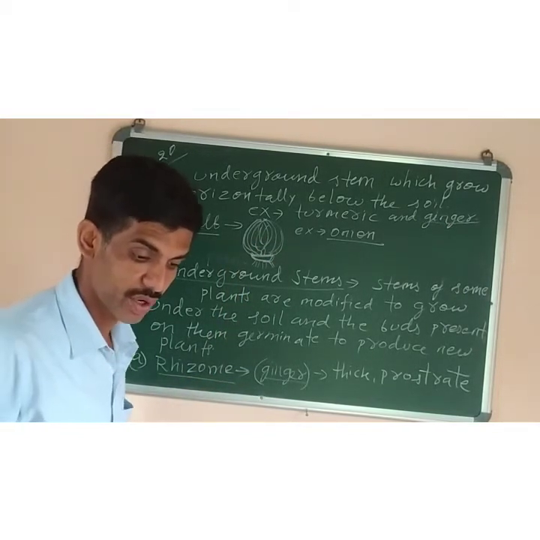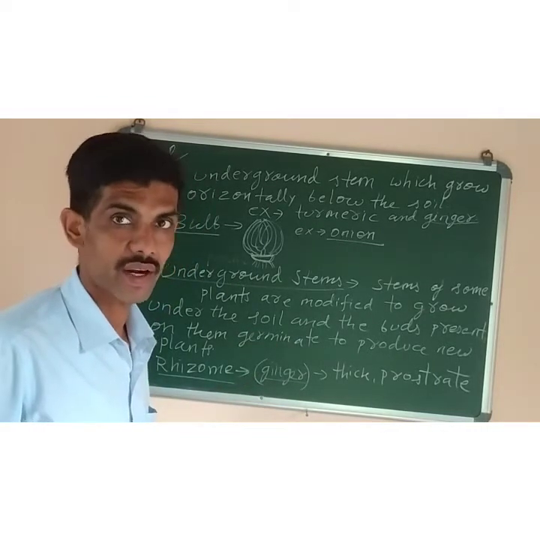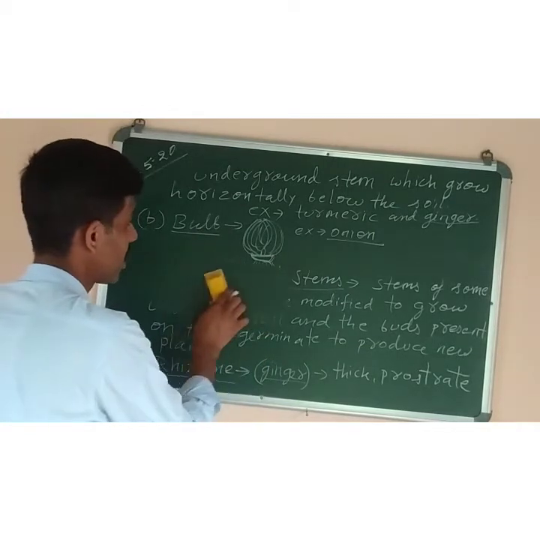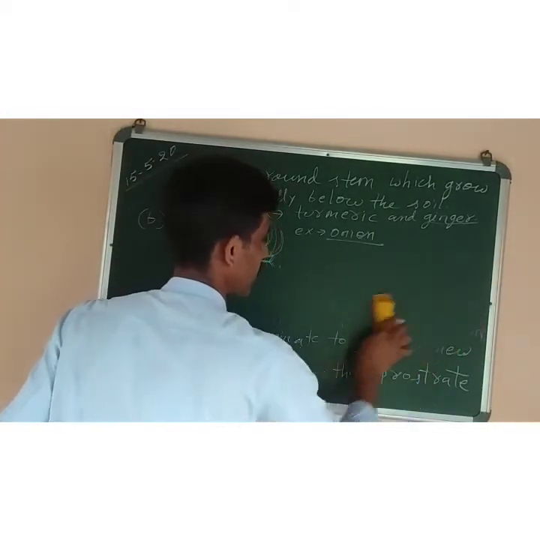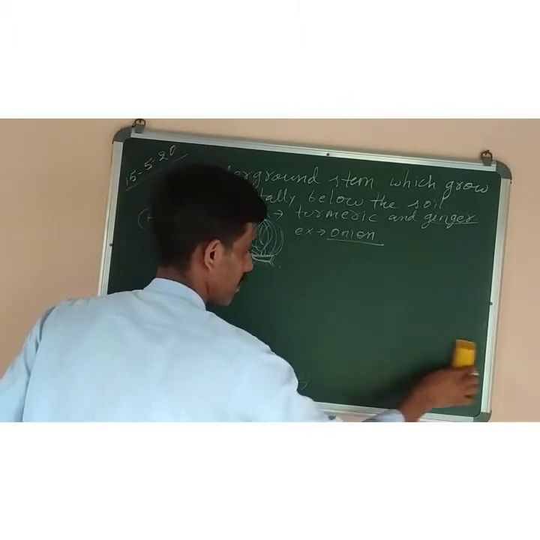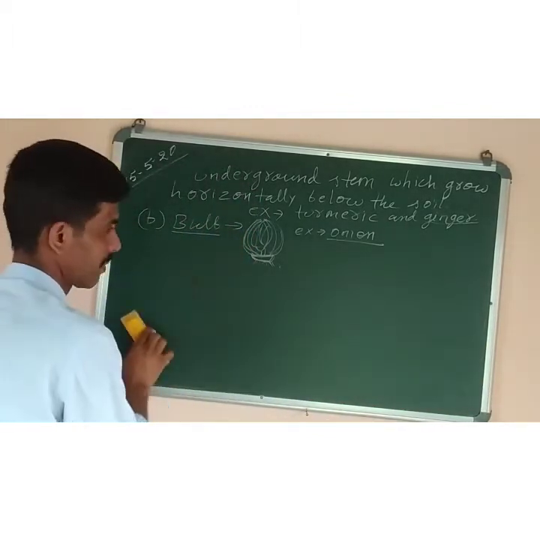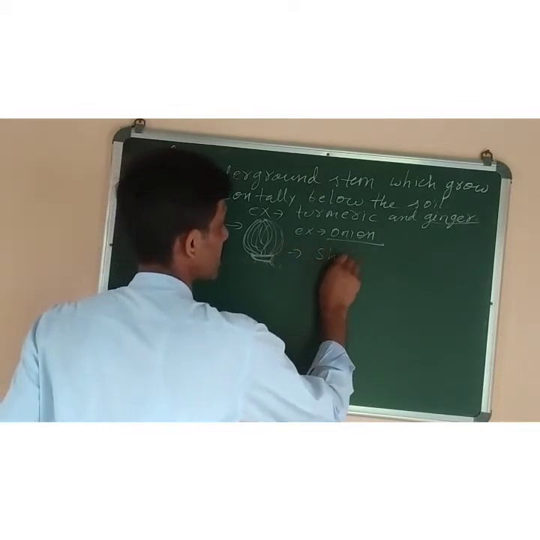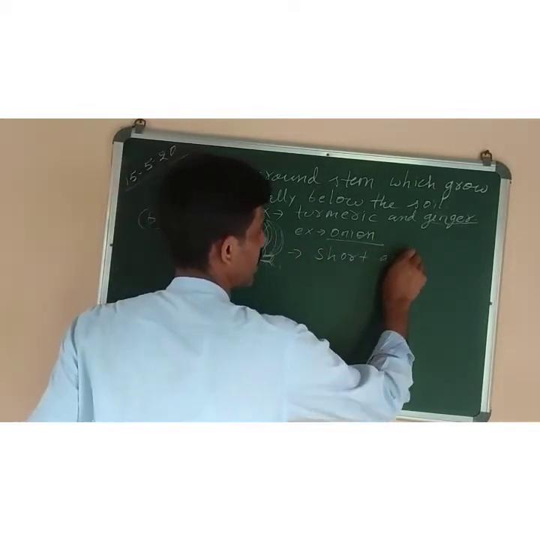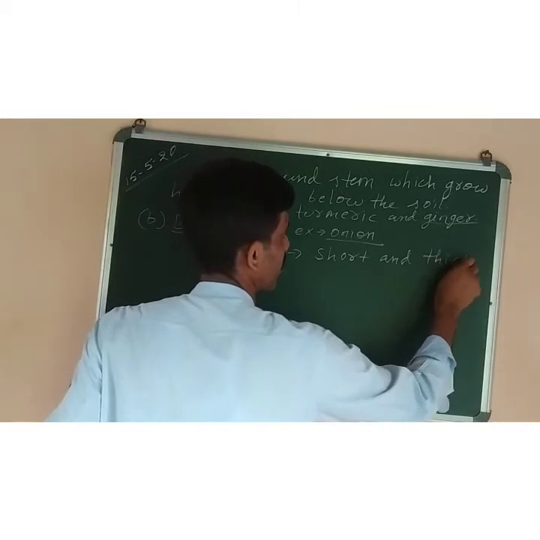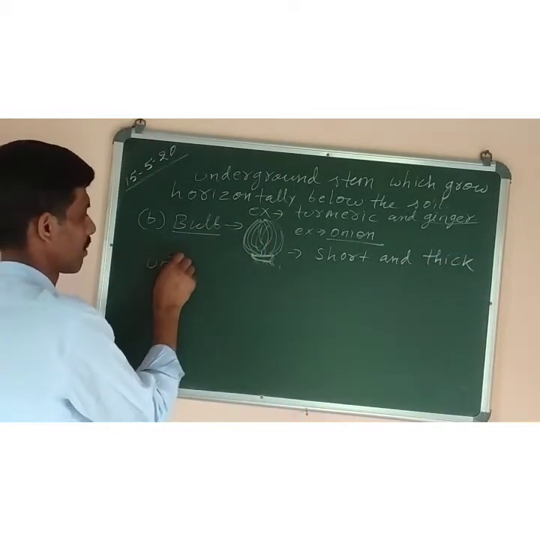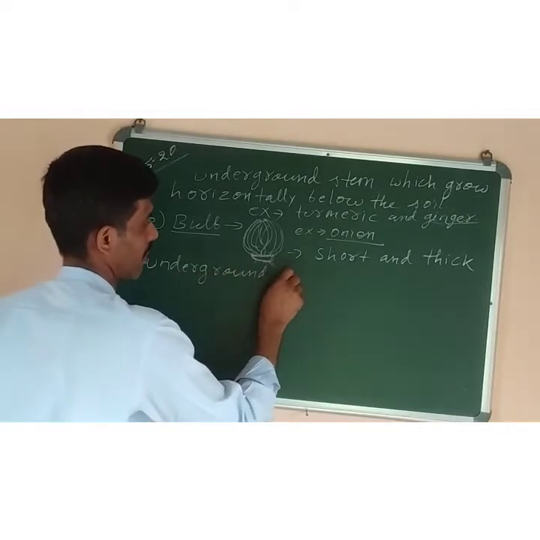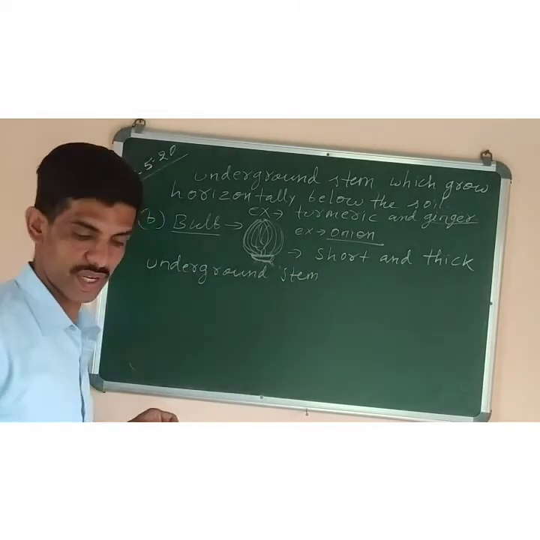Now what to write for this onion bulb? It is a short and thick underground stem with condensed nodes and internodes.